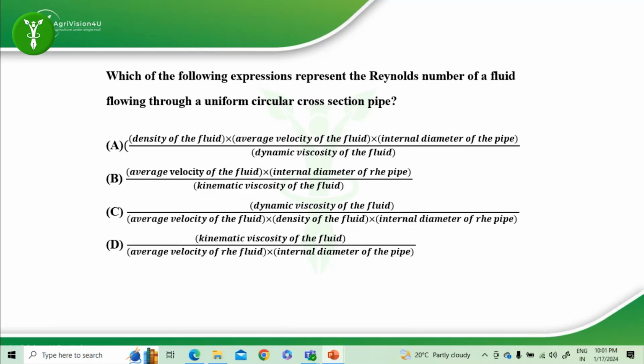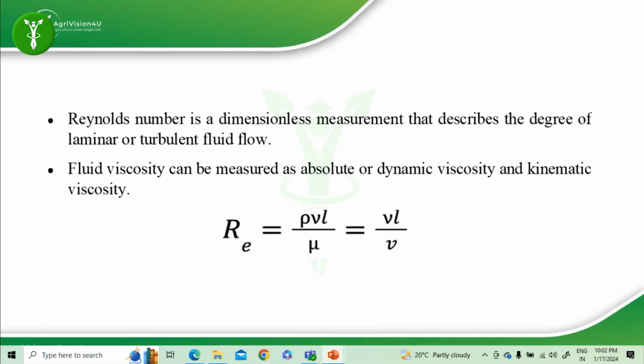So A is in terms of dynamic viscosity and B is in terms of kinematic viscosity. I have put a little bit of explanation here. I don't think there is any numerical, but still I'll go through it for those who will be going through the recording. Reynolds number is a dimensionless measurement. The fluid viscosity can be measured in terms of dynamic viscosity as well as kinematic viscosity, and it simply involves multiplying by the density.